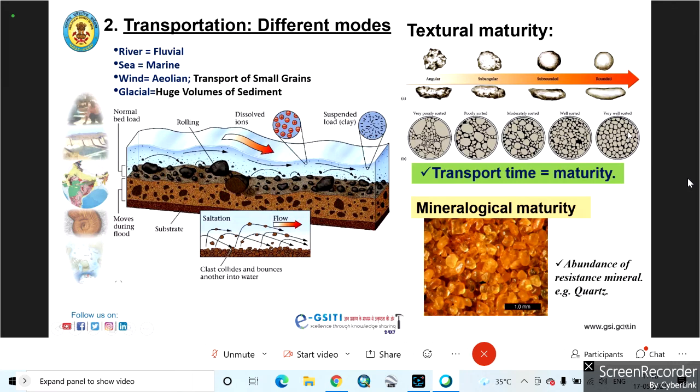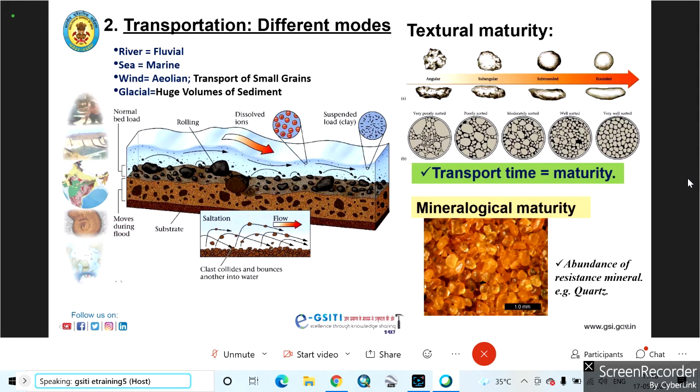For the transportation and maturity relation, we can say that the transport time is directly proportional to the maturity. And when we talk about mineralogical maturity, that is defined by the presence or abundance of the resistant mineral, that is quartz.